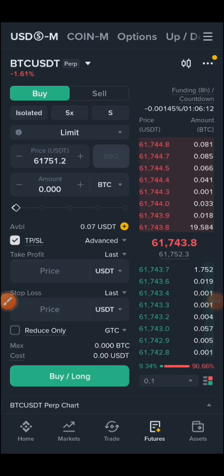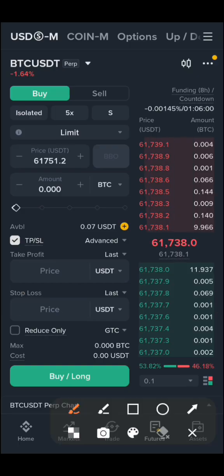And stop loss, you always set stop loss when you don't want to be liquidated much. For example, if BTC exceeds where I expected, I can enter a stop loss price whereby if it hits that price, the trade will stop automatically so that I minimize my losses.